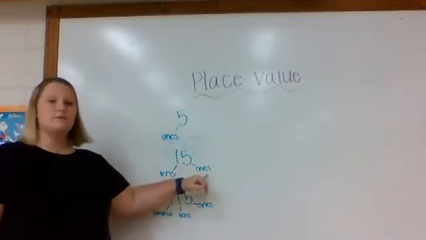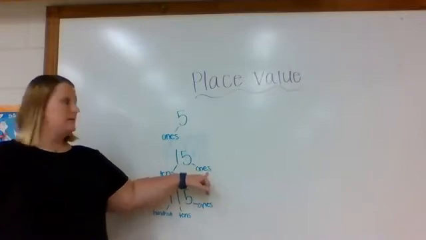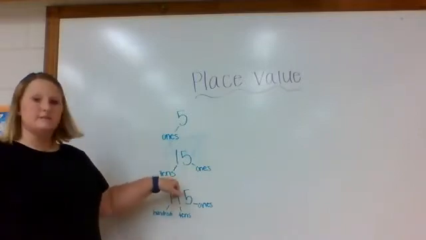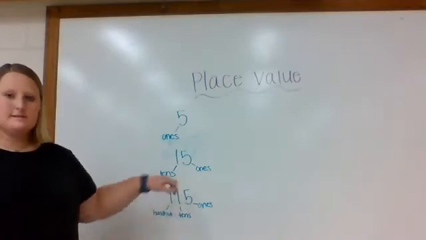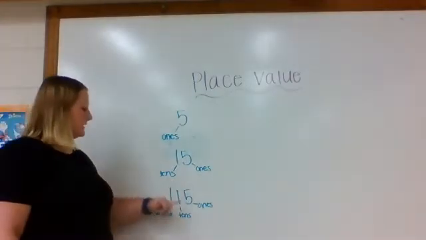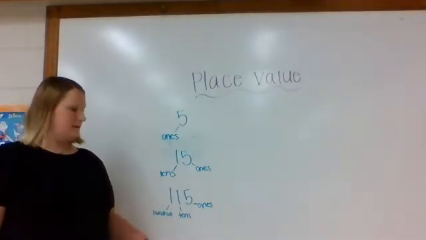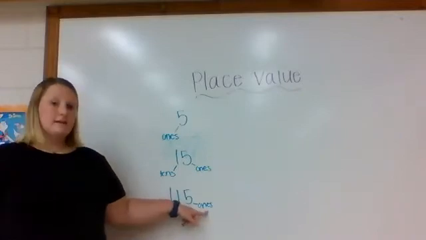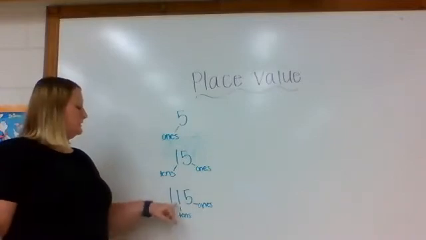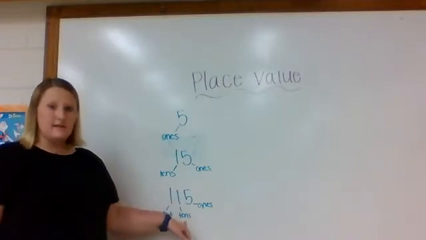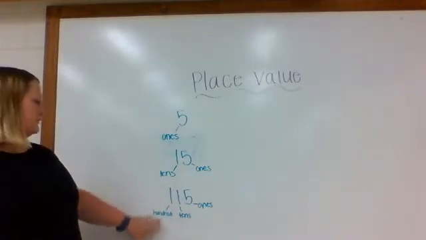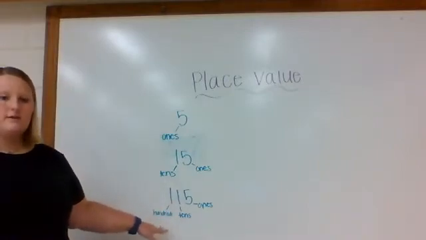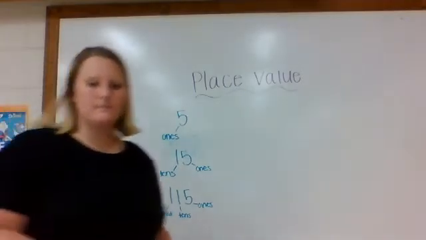The 5 is still going to be in the ones place, and now we've added the 1, which is going to be in the tens place. And then we take 115. The 5 is still in the ones, the 1 is still in the tens, and now we've added a 1 in the hundreds place. Okay, so this is place value.